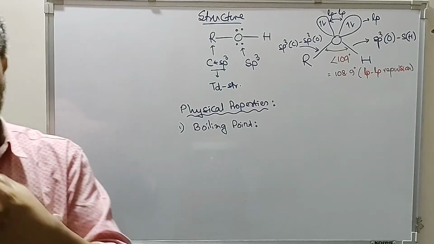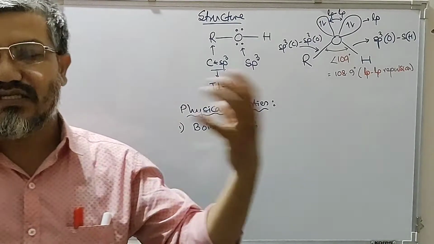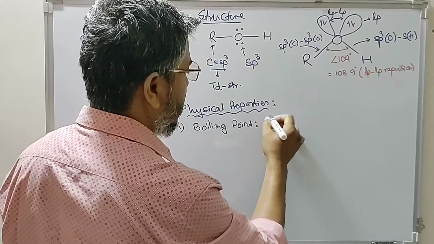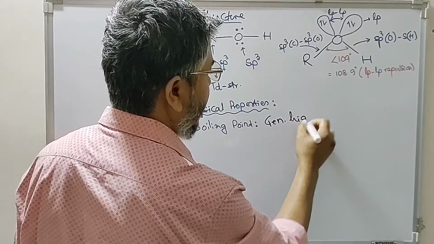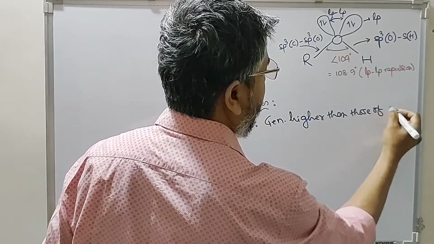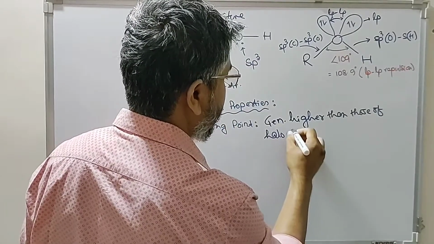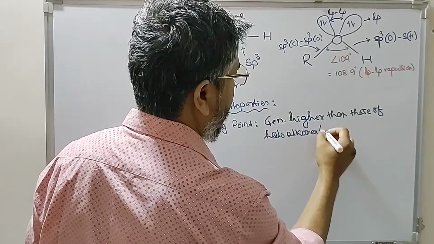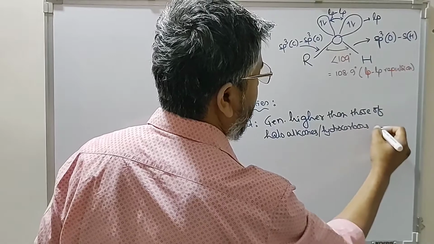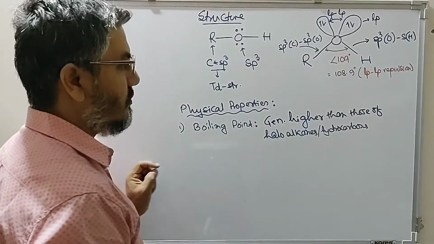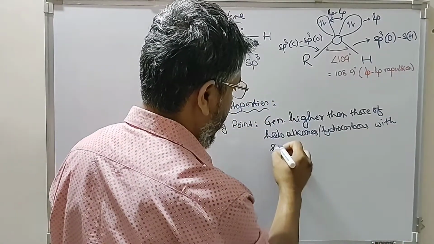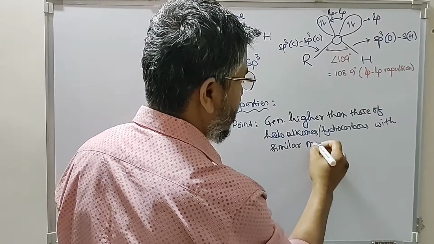As the intermolecular hydrogen bond strength increases, the boiling point also increases, generally higher than those of haloalkanes or hydrocarbons with similar molar mass.